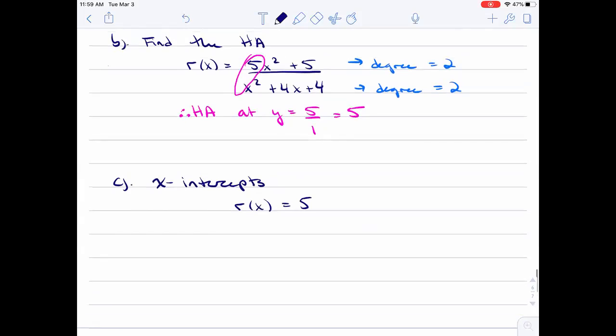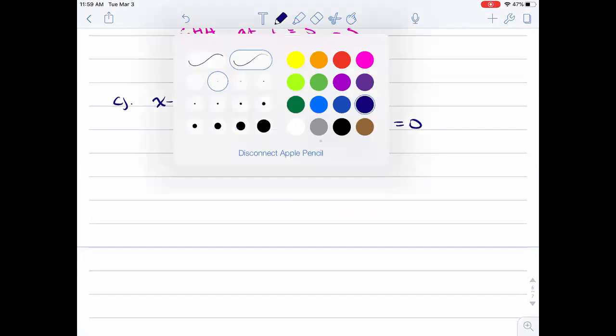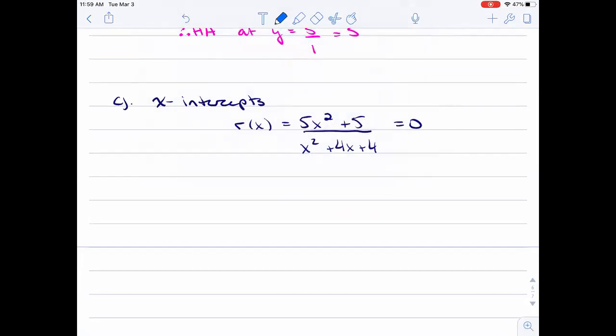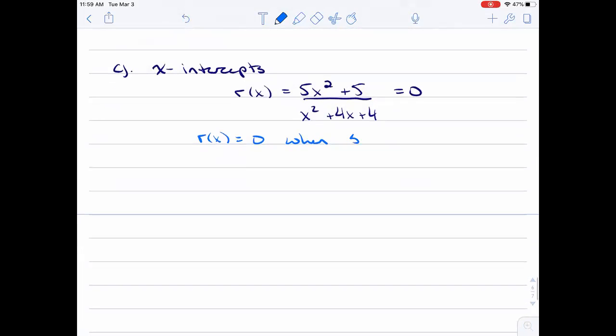So we're looking for where 5x squared plus 5 over x squared plus 4x plus 4 equals 0. And so r of x equals 0 when the numerator is 0, so when 5x squared plus 5 equals 0.